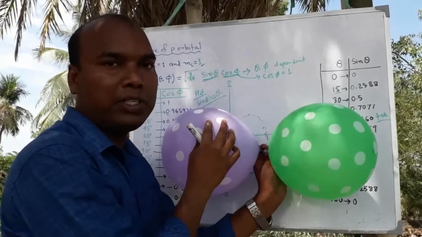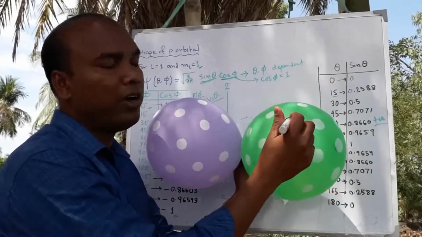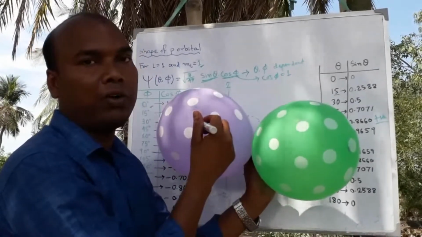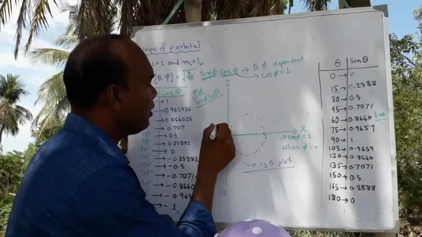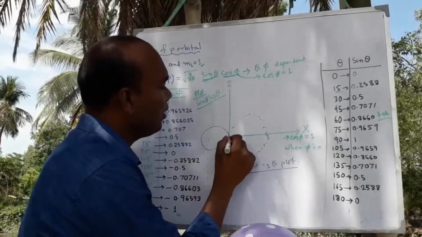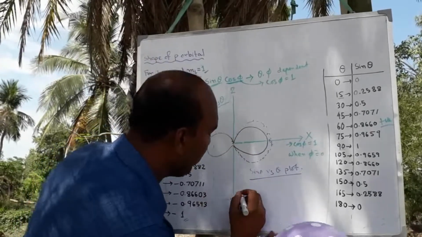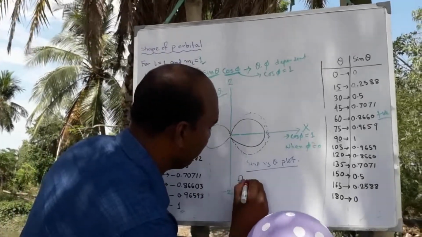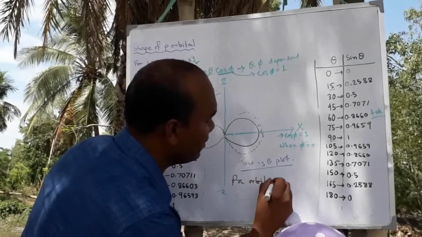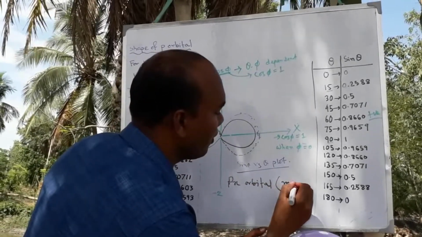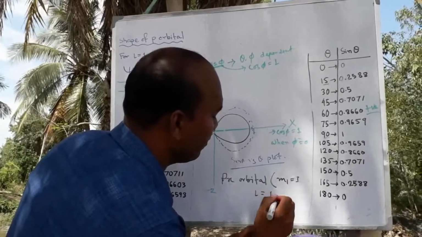It is a dumbbell shape along the x axis. You see this is the positive part of the wave function, this is the negative part of the wave function, and this dumbbell is along the x axis. So this orbital is known as px orbital, where ml value equals 1 and L value equals 1.